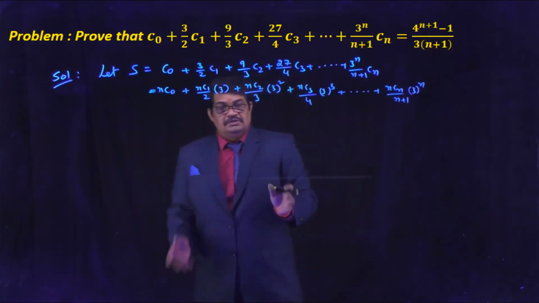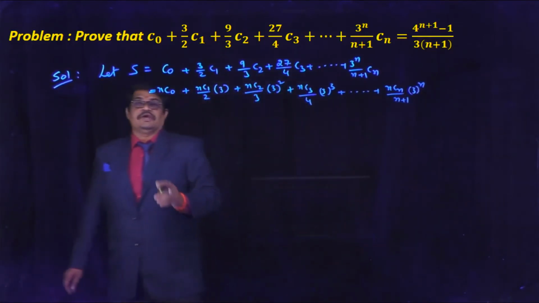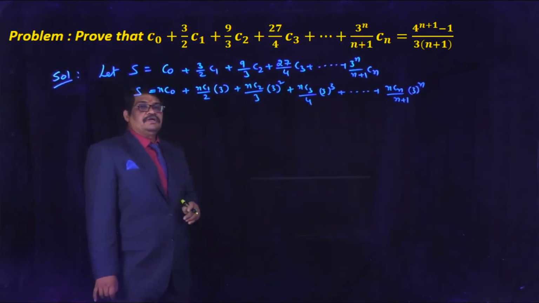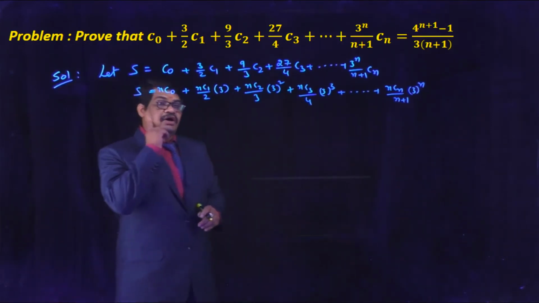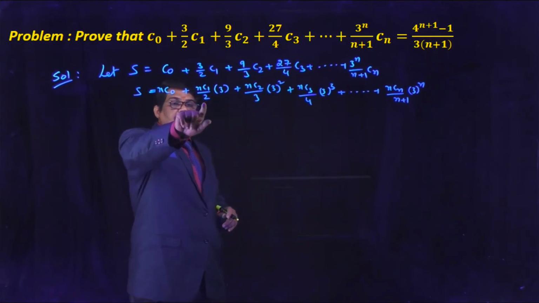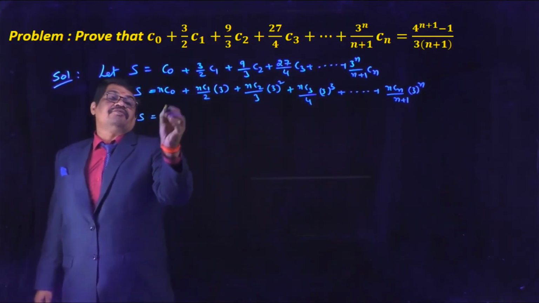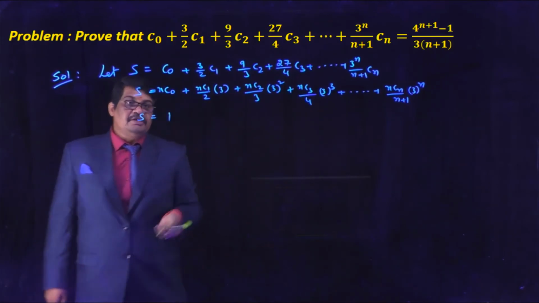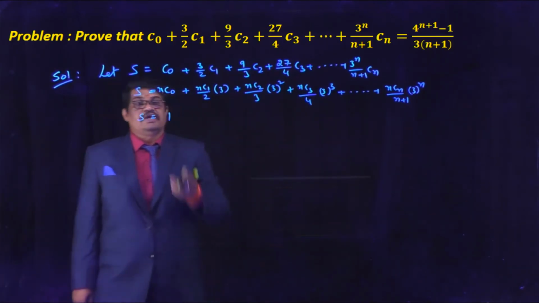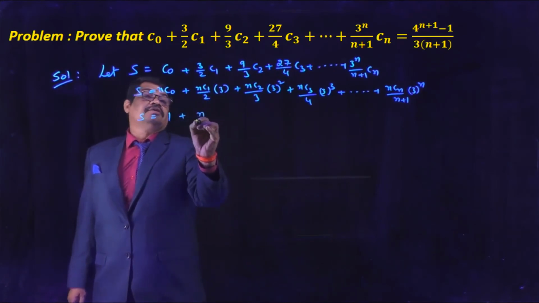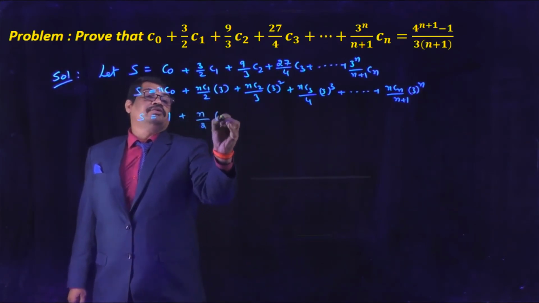Now we write this one, where the LHS is S. NC naught value is 1. Now we write the binomial coefficient values. NC naught is 1 plus nC1 is n by 2 into 3.